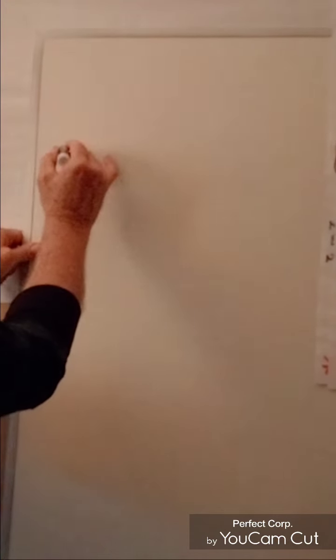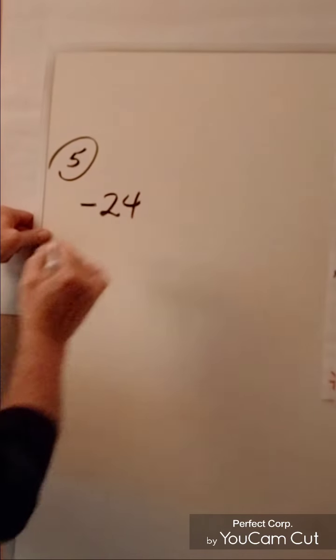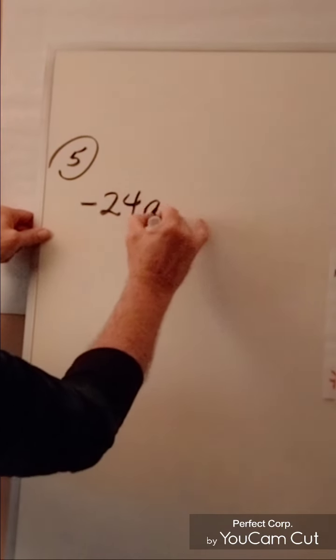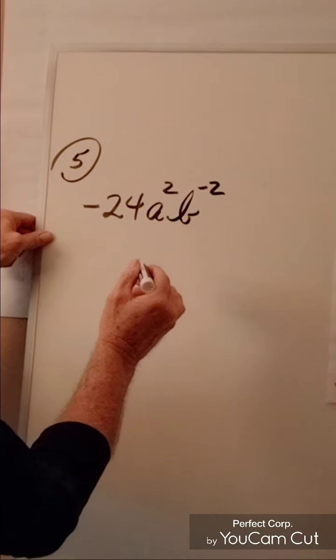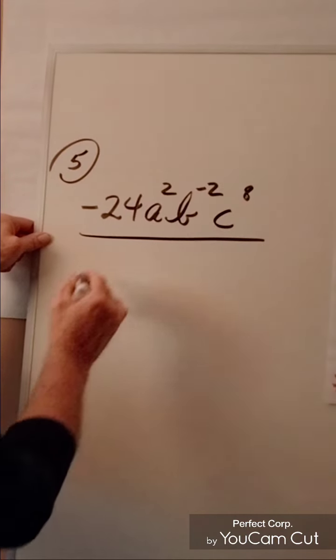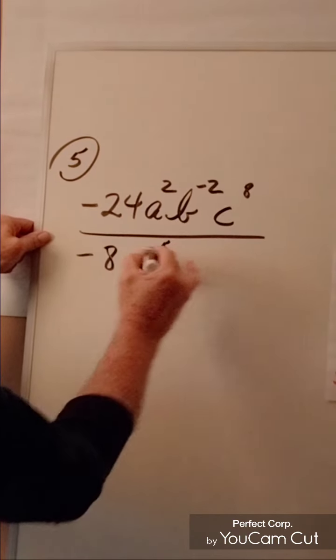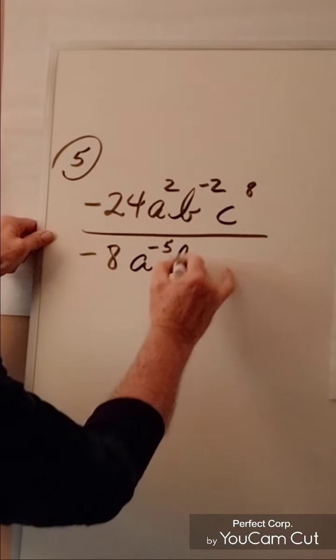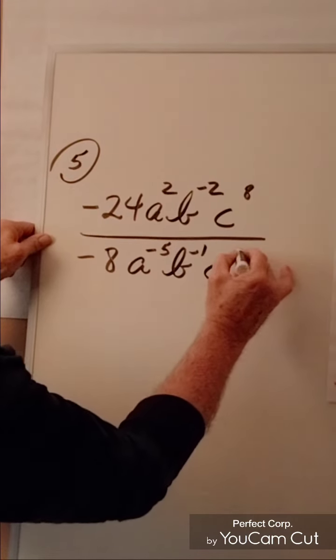We'll put a close on letter D by looking at this one right here. It's a little lengthy, but basic. Negative 24 a squared b to the negative 2nd c to the 8th, over negative 8 a to the negative 5th b to the negative 1st c to the 12th.